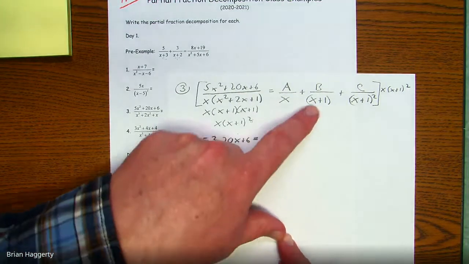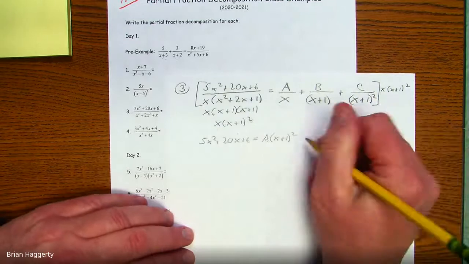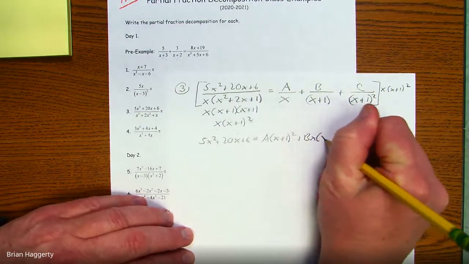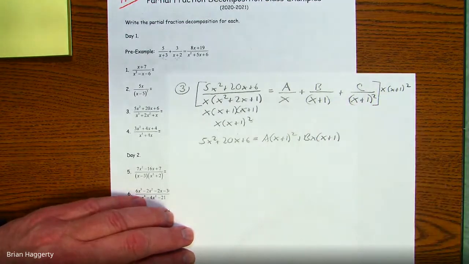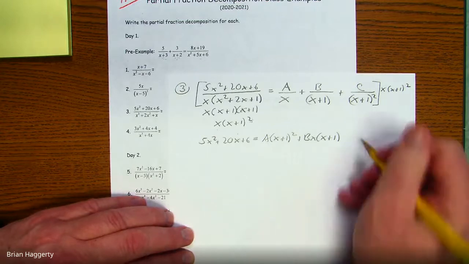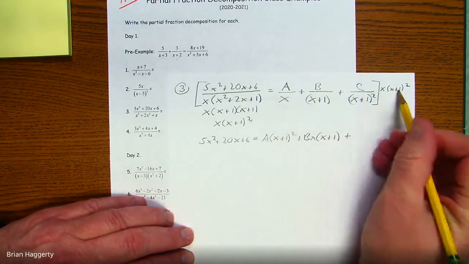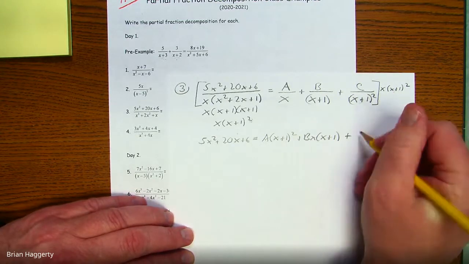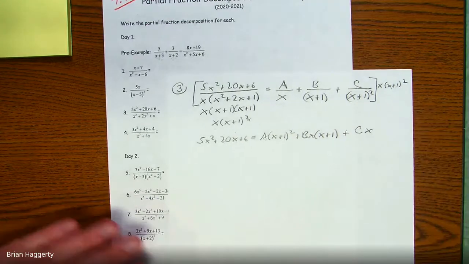For the third fraction, that cancels with one of those, and it leaves you bx times (x plus 1). And for the far right, the (x plus 1) squareds cancel and leave you just cx.